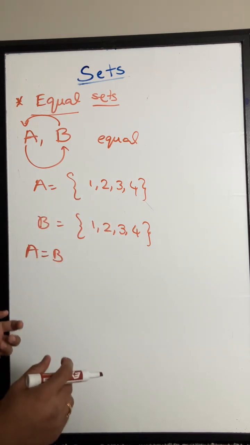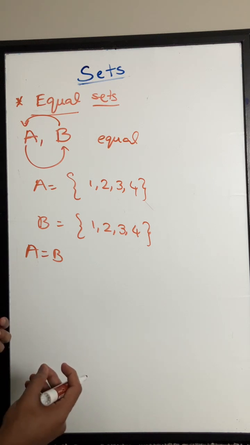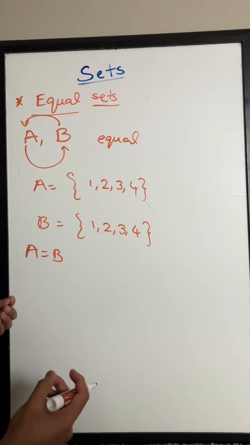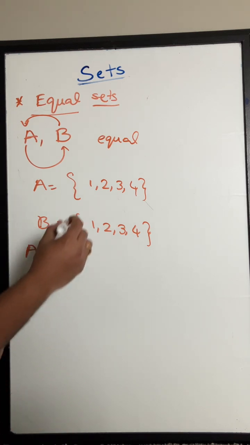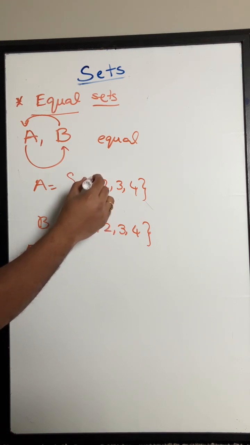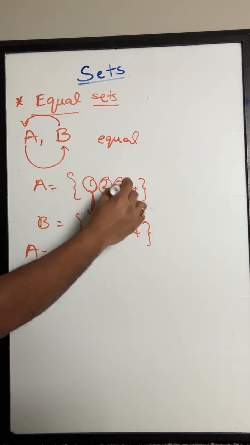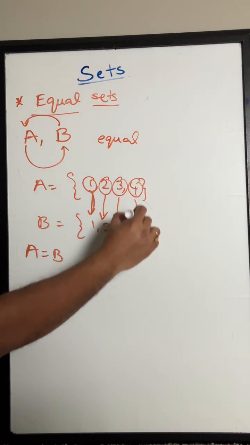The mathematical definition should be very clear and should be provable all the time. That's the reason we always go by the definitions. The definition of A equal to B is that every element of A should be present in B: 1 should be present, 2, 3, 4 should be present here.